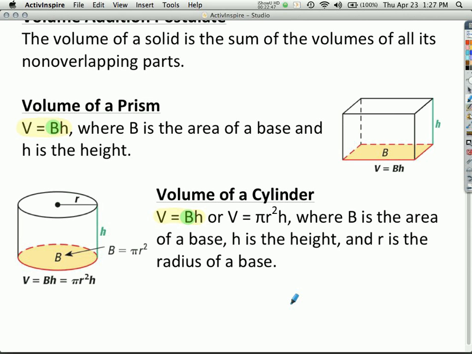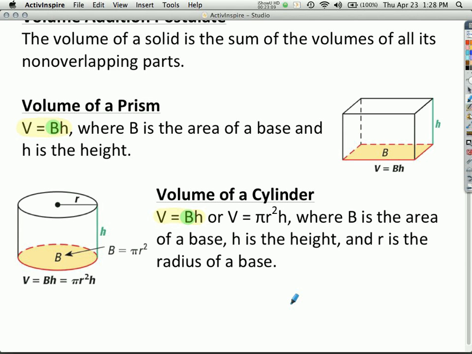So if I wanted to find the volume of this stack of paper, the volume would be the area of one sheet times how many sheets there were, or the height.